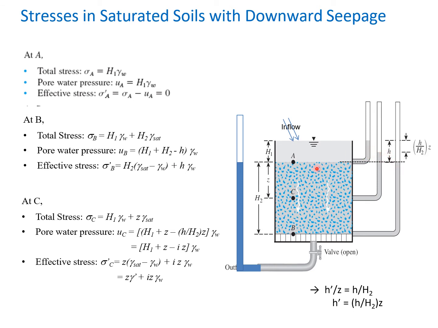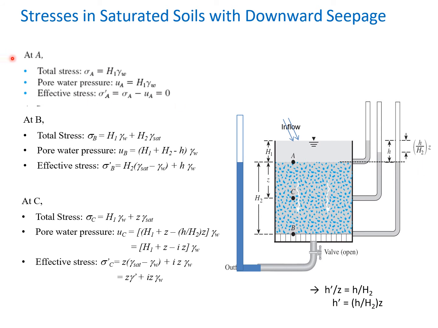So when there is flow from point A to C, you have the head loss equal to h dash, this one. I will repeat this. This is h dash. So h dash divided by Z is equal to h over capital H2, and from here you can see this is equal to this. So that's why it is written as h over capital H2 multiplied by Z.